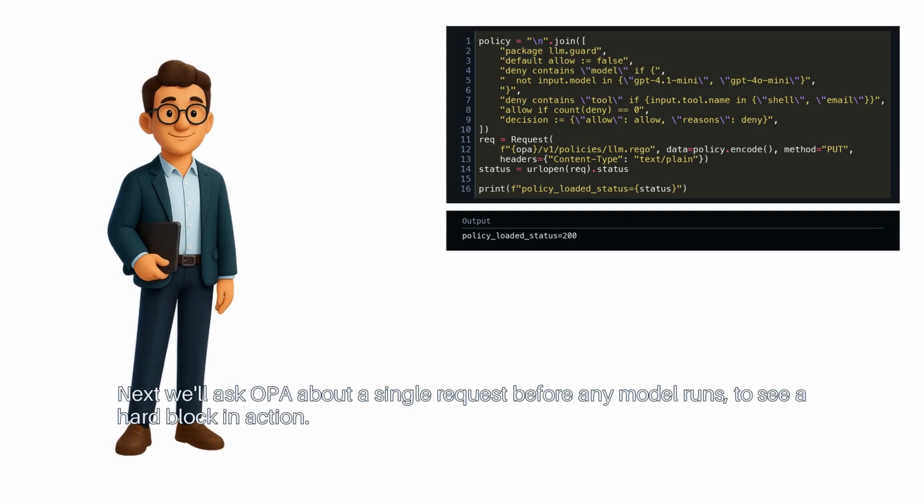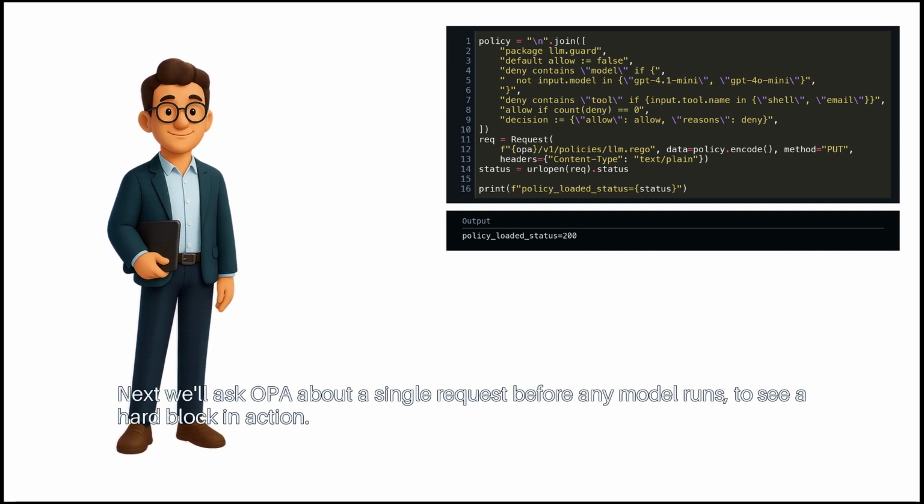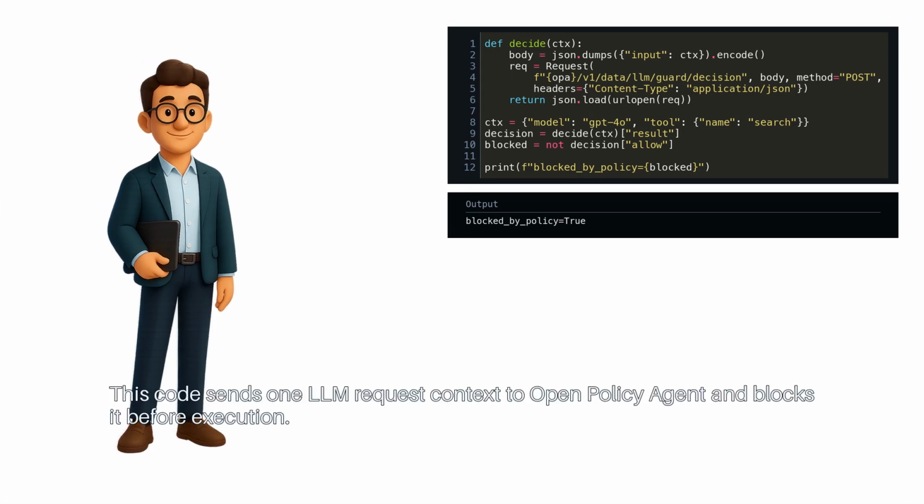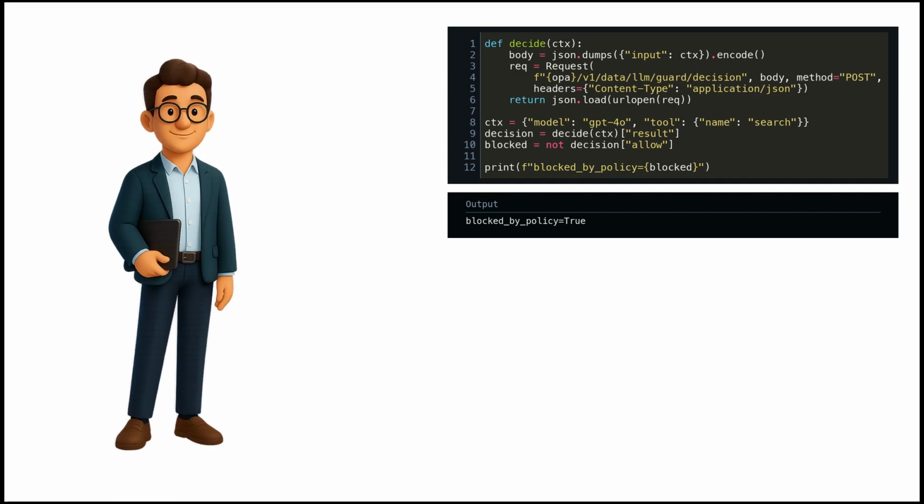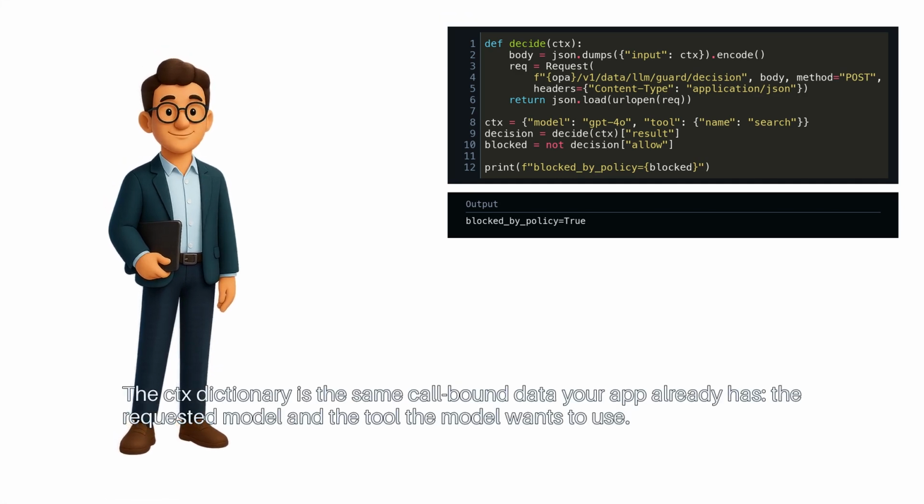Next, we'll ask OPA about a single request before any model runs to see a hard block in action. This code sends one LLM request context to Open Policy Agent and blocks it before execution. The CTX dictionary is the same call-bound data your app already has, the requested model and the tool the model wants to use.